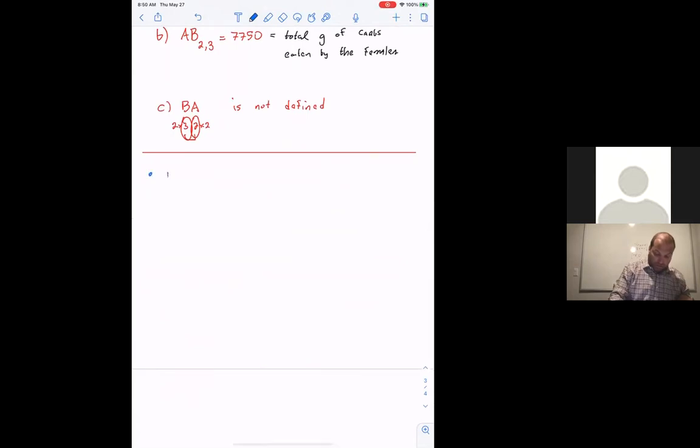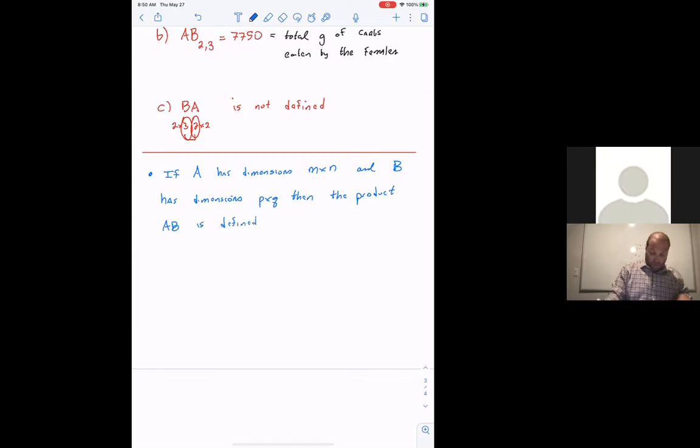It says, here's a definition. If matrix A has dimensions m by n, and B has dimensions p by q, then the product AB is defined only if the number of columns of A is equal to the number of rows of B. In other words, if n is equal to p.